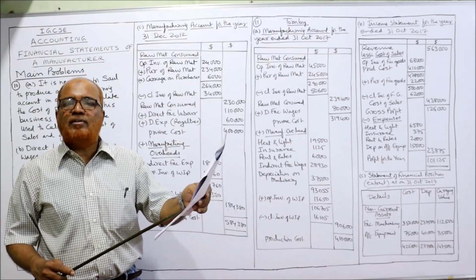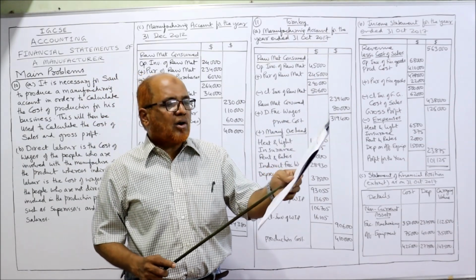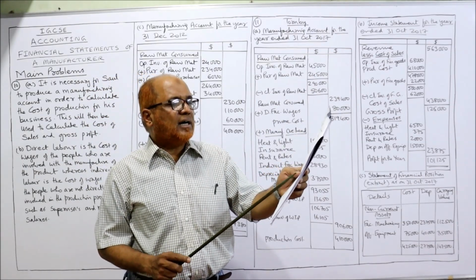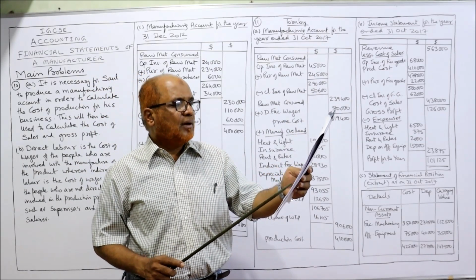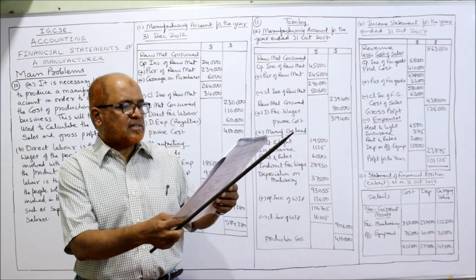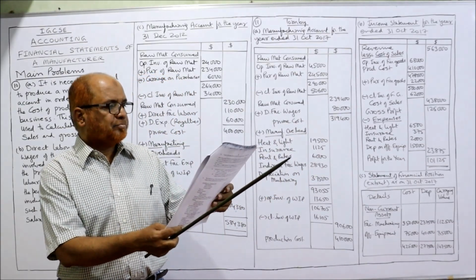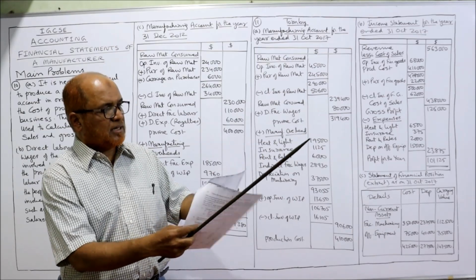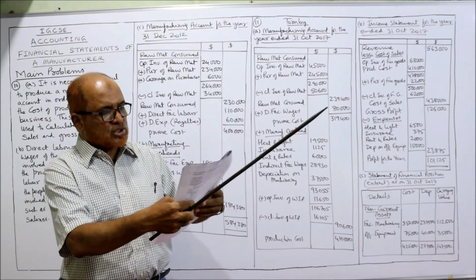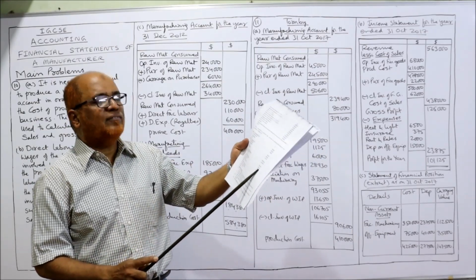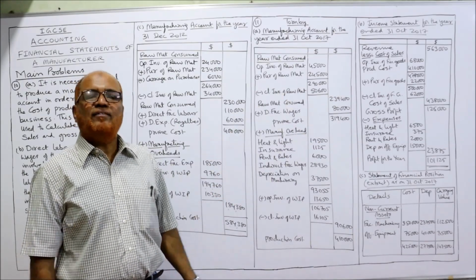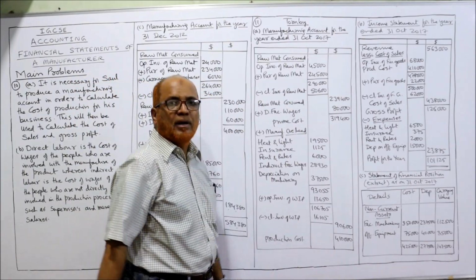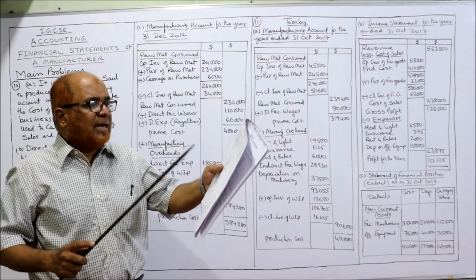Similarly, we calculate for office equipment. What is the cost of the office equipment here? Yes, sorry, I'm seeing the other problem. Here, cost of office equipment is 75,000. How much was the accumulated depreciation in the beginning of the year?